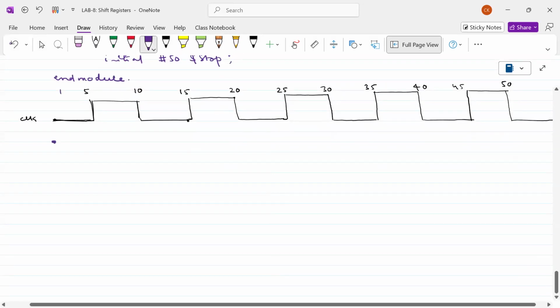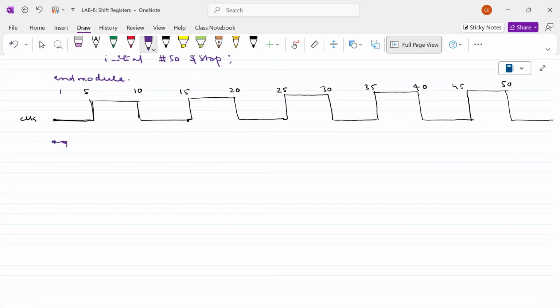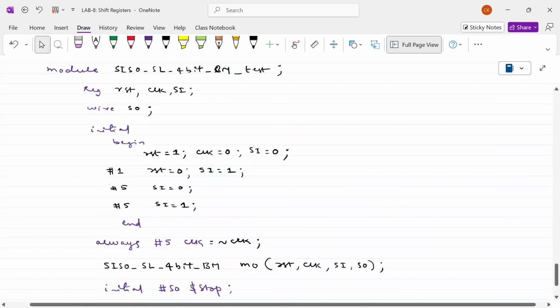Till 1 nanosecond this is 1. After that, this is 0, and this is 0 forever. But we stop the simulation at 50 nanoseconds, so till 50 nanoseconds this is 0. Did you catch this point?